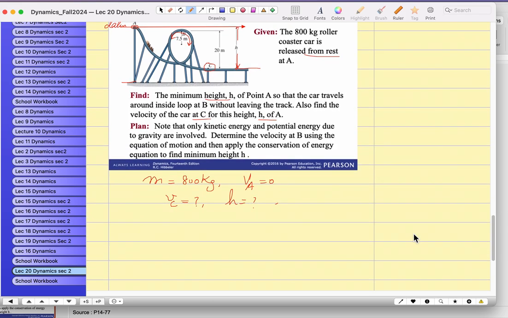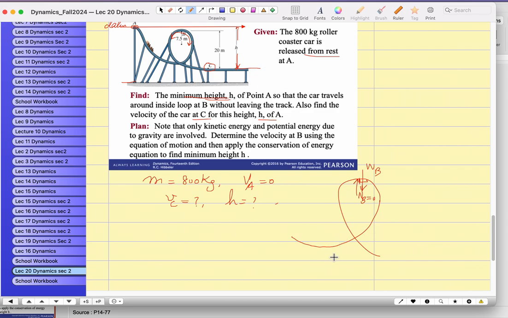When the car is inside the loop here, the condition for the minimum height says that the normal reaction NB equals 0. The weight is WB.